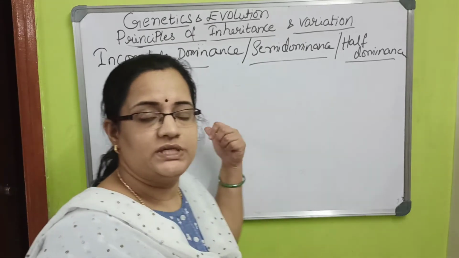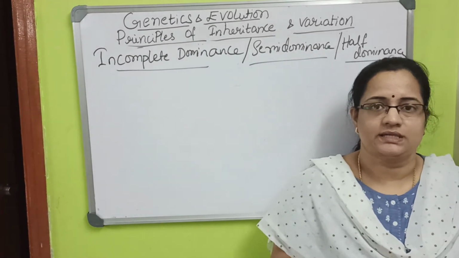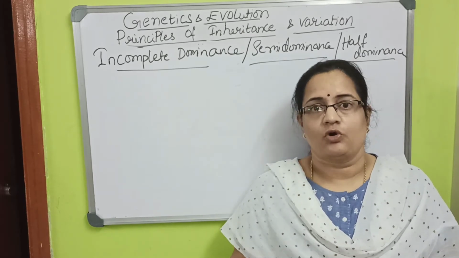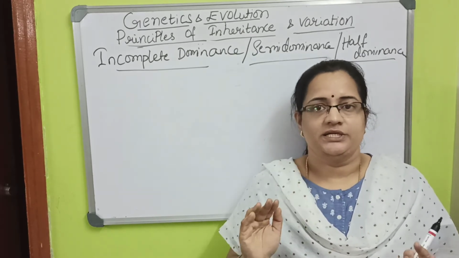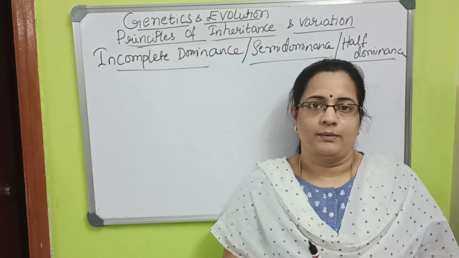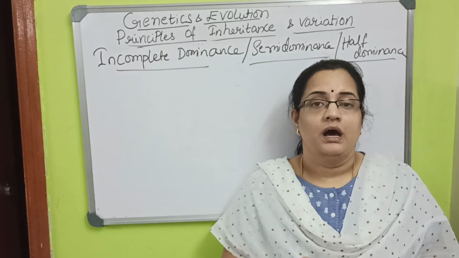If you observe this incomplete dominance, it is seen in the 4 o'clock plant, also called Mirabilis jalapa, which is the biological name.